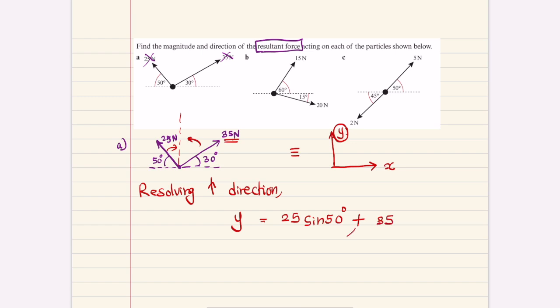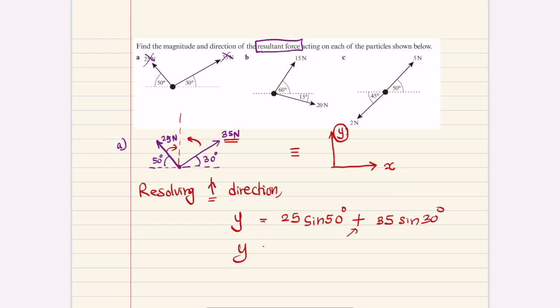Y is plus because it's supporting the direction that we consider. We are resolving in the upward direction, assuming that the resultant would be in that direction. It doesn't matter whether the direction you take is perfectly correct, because if your assumption is wrong, it would come with a negative answer. That means instead of the y component acting upward, it could be acting downwards if your final answer is negative.